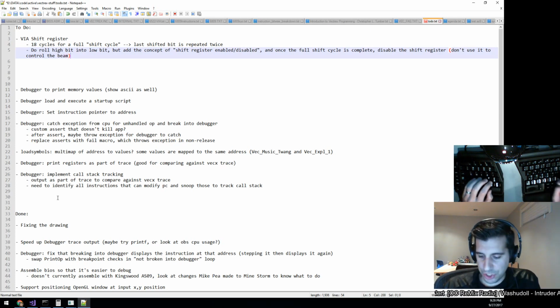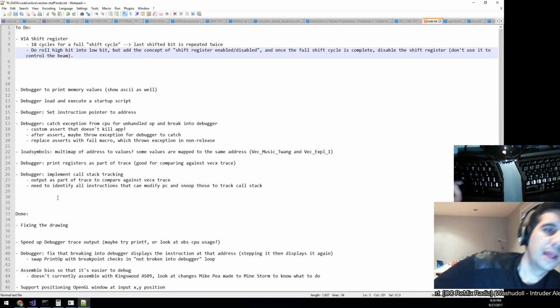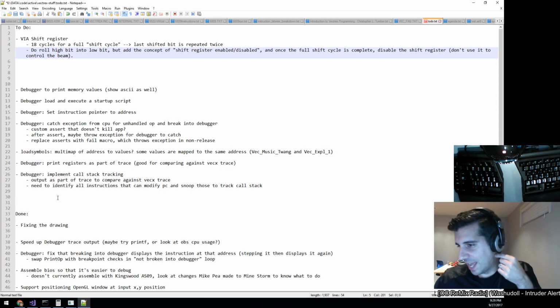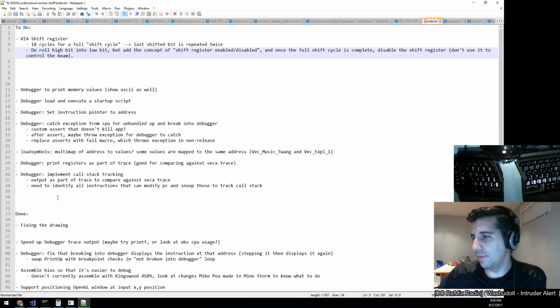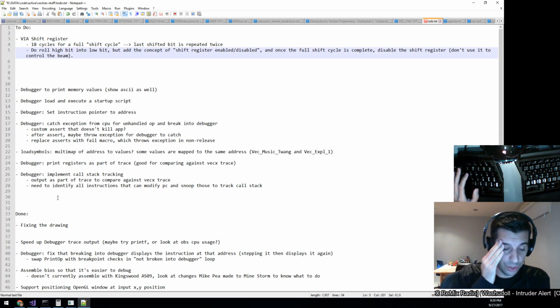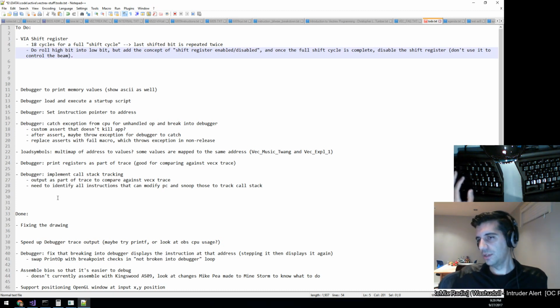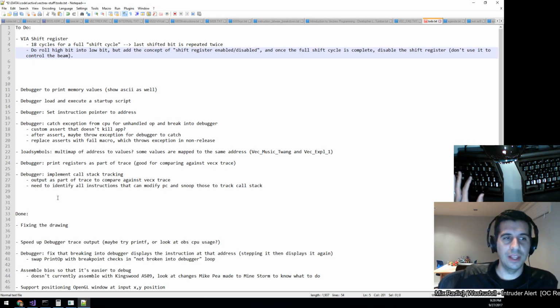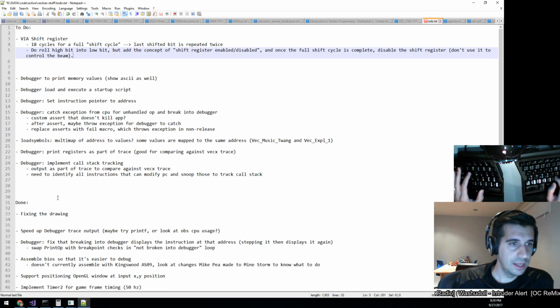I mean, I still have questions there, right? Like, I guess what that means is if the last bit is a 1, then the beam will keep writing. But one thing I think I did notice is that for fonts, the last bit is always 0. So then it would effectively keep it off if this is correct. So I think that might make sense.